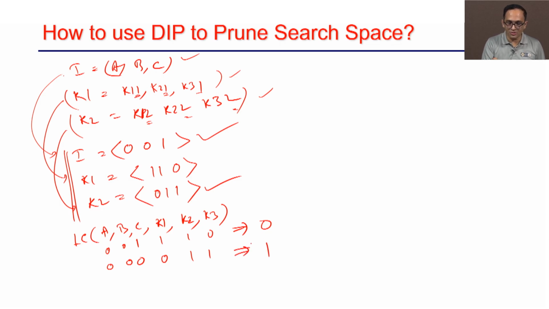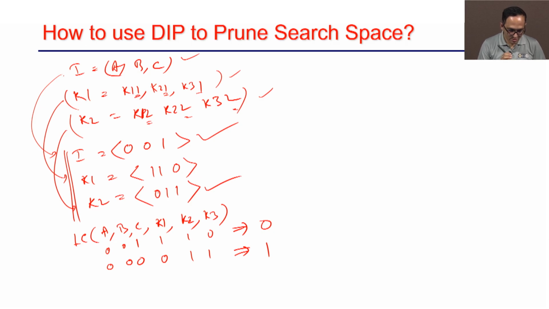Because the outputs are different, one must be 0 and the other must be 1, right. This is what we will get, okay. So, this is what SAT is ensuring for me, that for these values you will get two different values if I apply this input and K1 to the circuit, and this input and K2 to the circuit, okay.